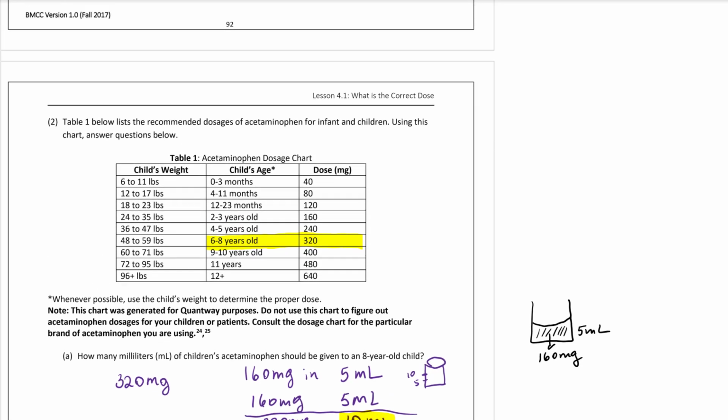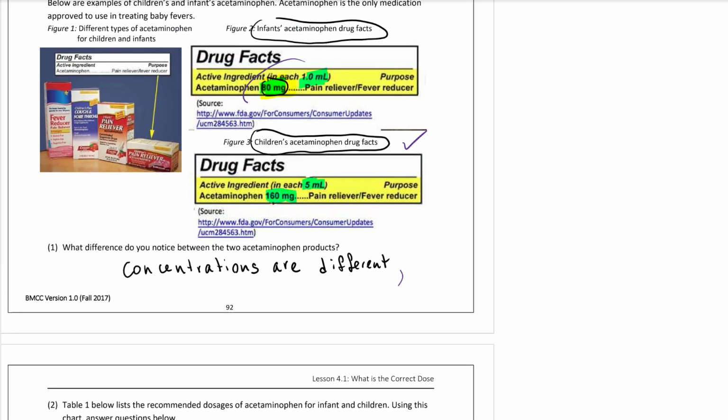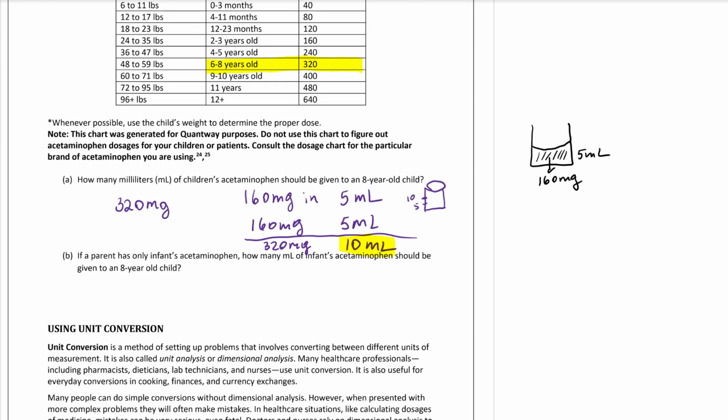Well, it does say that an infant dosage, which is right here, contains 80 milligrams in 1 ml. All right.